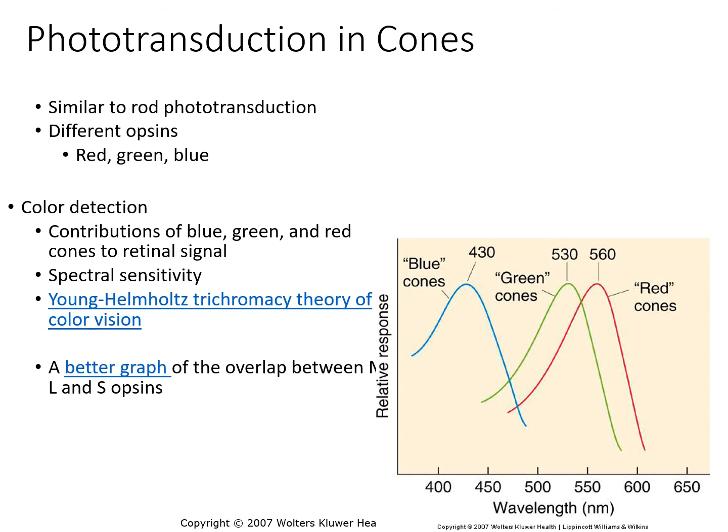But to activate a cone, you need much more light, and you're going to have three different cones: blue cones, green cones, and red cones. The combination of those is what gives you the entire spectrum that we see, the whole visible light spectrum from the electromagnetic spectrum.